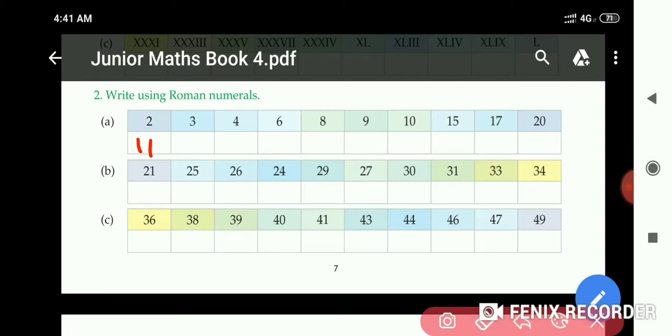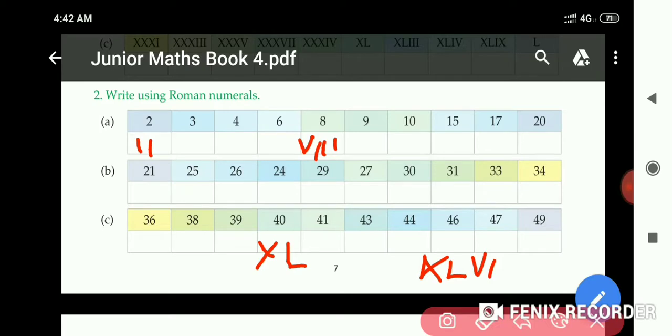How do we write 8? 5, 6, 7, 8. It is given 40. L is denoted by 50, and for 40, XL. 46. How do we write down 46? XL and 6. By this we write down the Roman numbers.